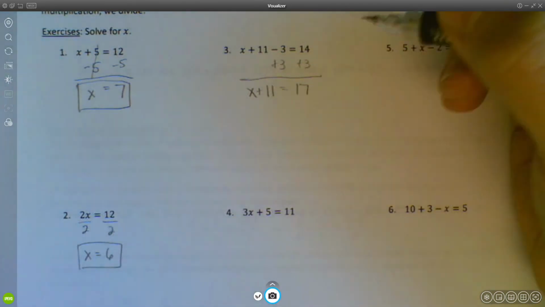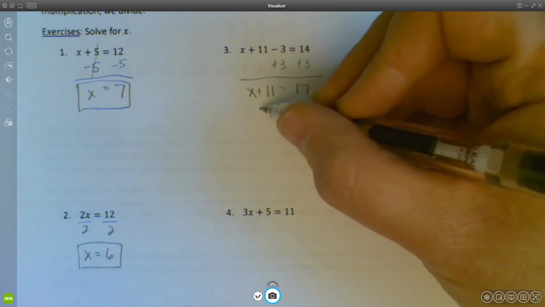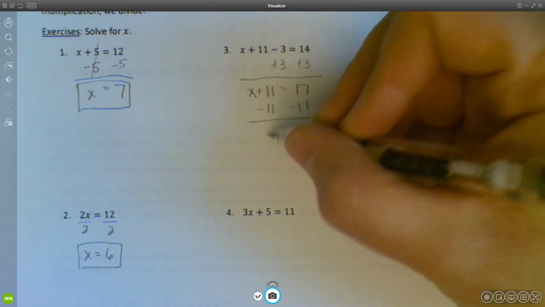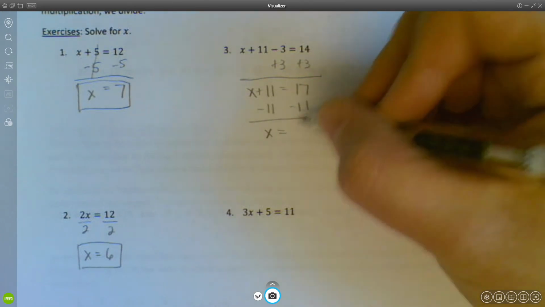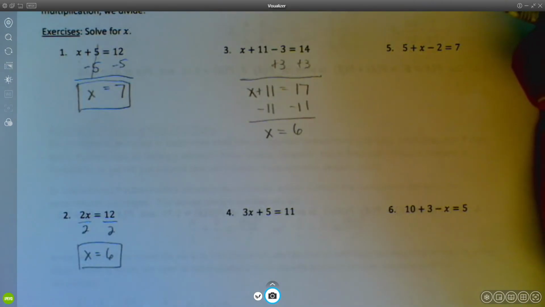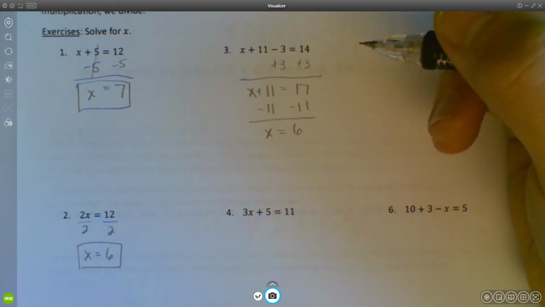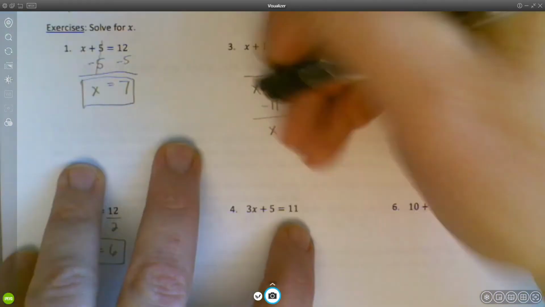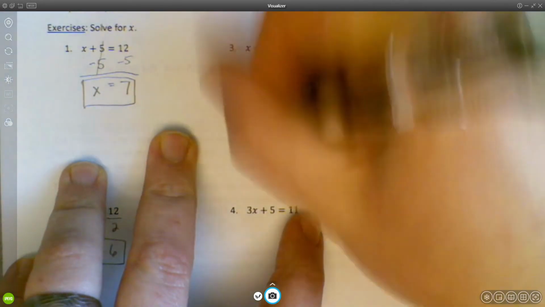Okay? And then the next thing we would need to do in order to get the x by itself would be to subtract the 11. Okay? And then you're left with x on the left and a 6 on the right. So that's one way you could do it. Another way you could do it would be to simplify first. So I'm going to erase this.